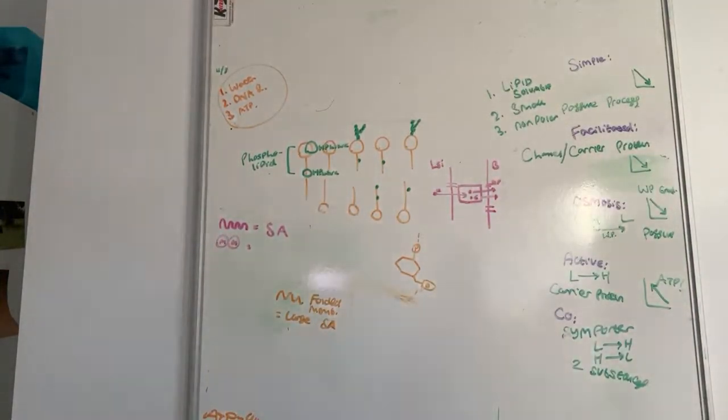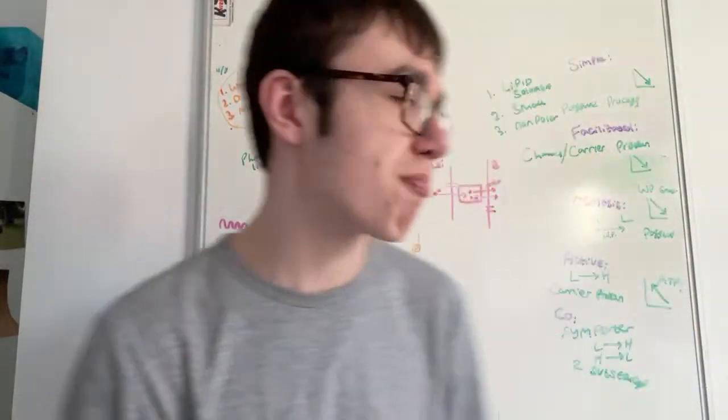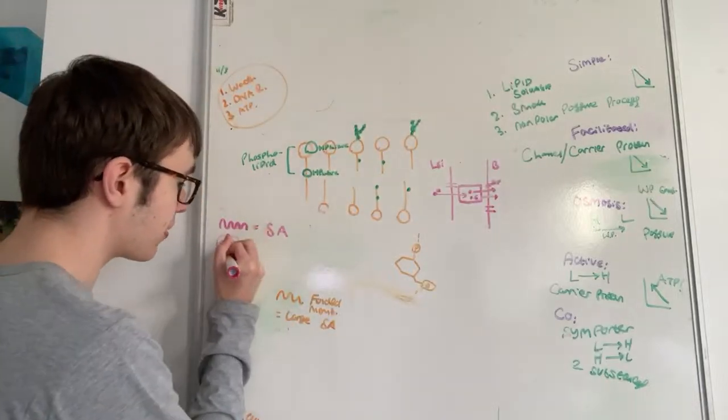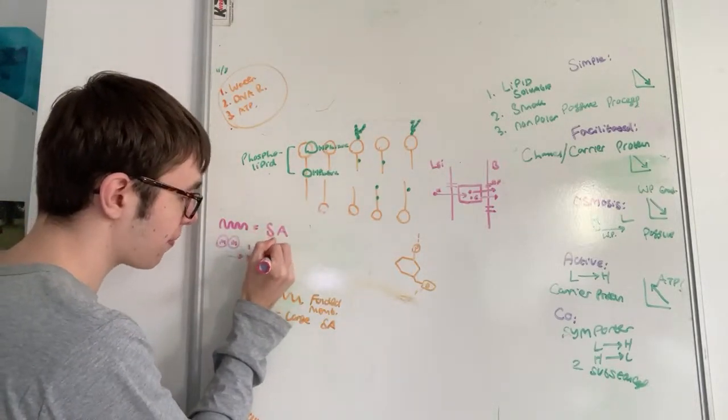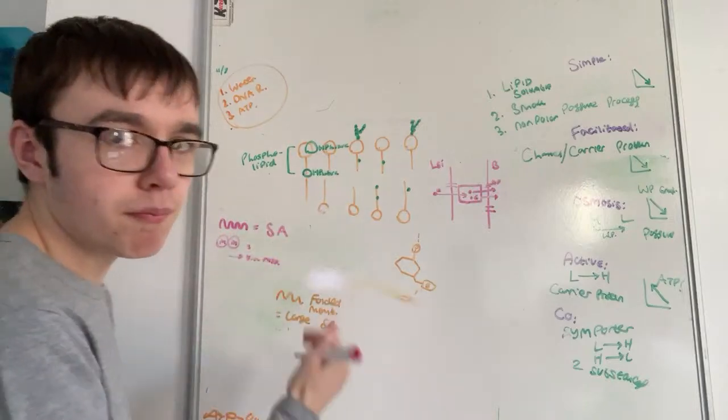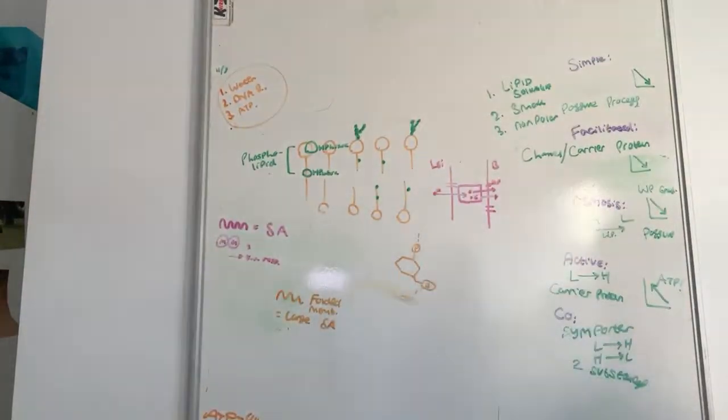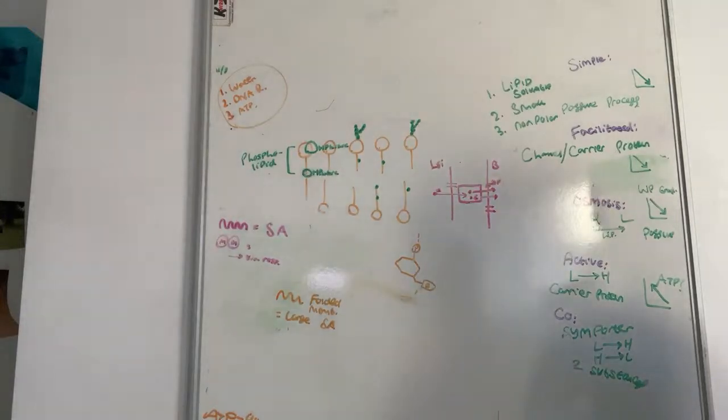More ATP. Oh, and then I always forget this, but if you're talking about mitochondria producing energy, you should always just add via respiration, because for some reason they can be quite picky about that. Yeah, folded membrane, so large surface area.